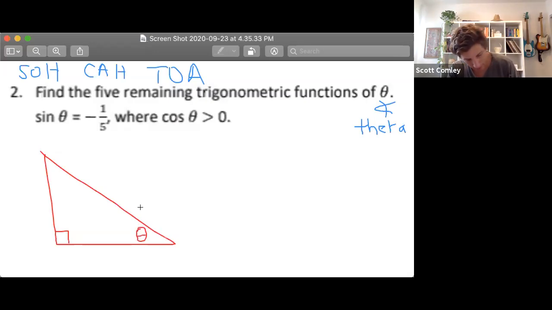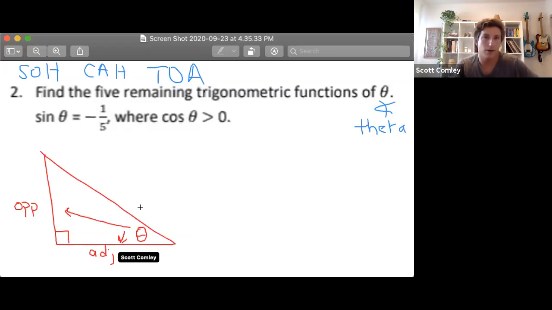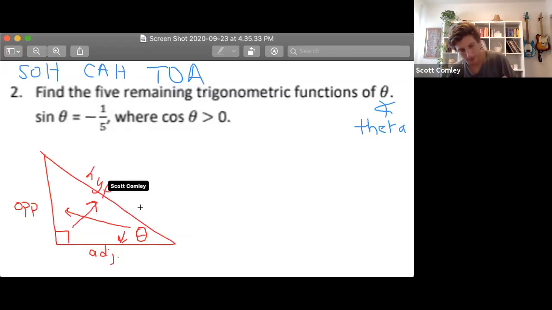The side across from it is my opposite side. The side nearest is my adjacent side. And the long side, the easiest way to think of it is the side across from the right angle, is called your hypotenuse.